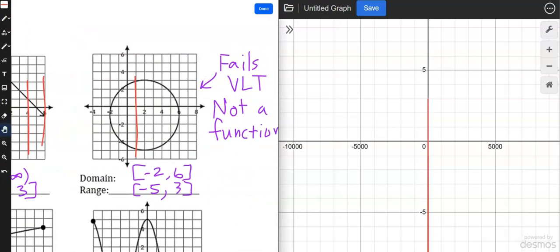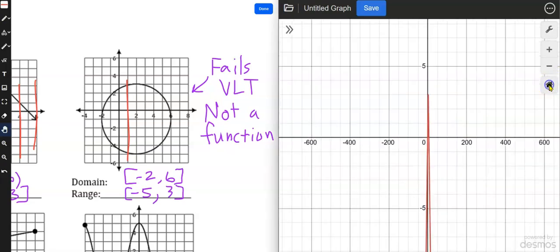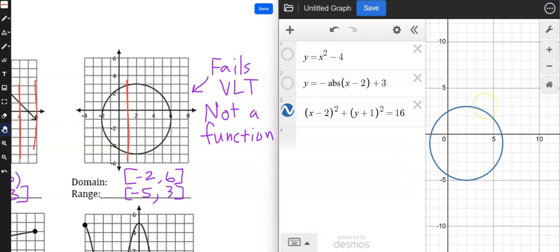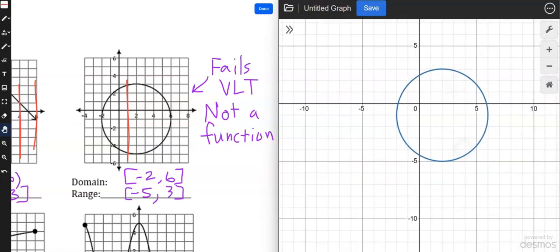On the next one, I'm hoping it's fairly self-explanatory. Let's do a little zoom in on this to look at this picture. Hopefully you can see that it goes from -2 on the left to +6 on the right, and from -5 on the bottom to +3 on the top.